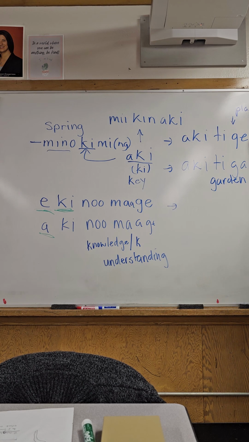Yeah, sorry, it's been a long while. A kitigan is the garden. And a kitige is to work the earth or plant, you could say plant as well. And then in the fall, there's a couple of words.